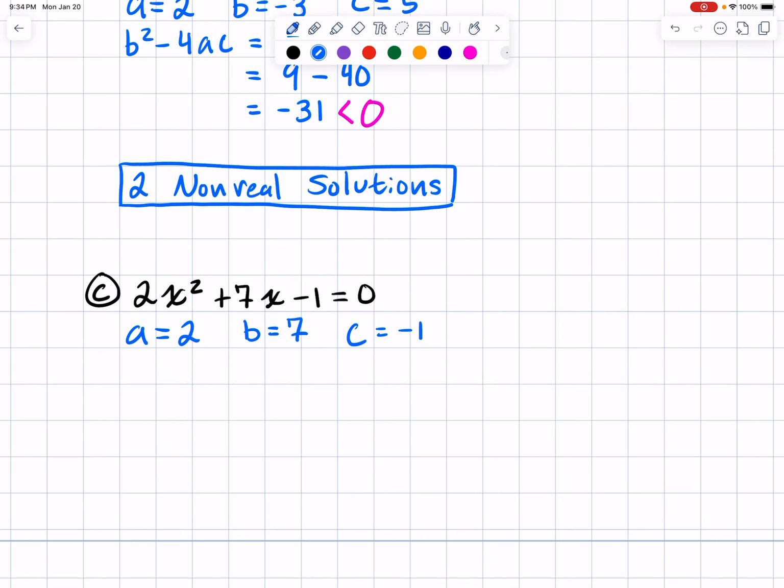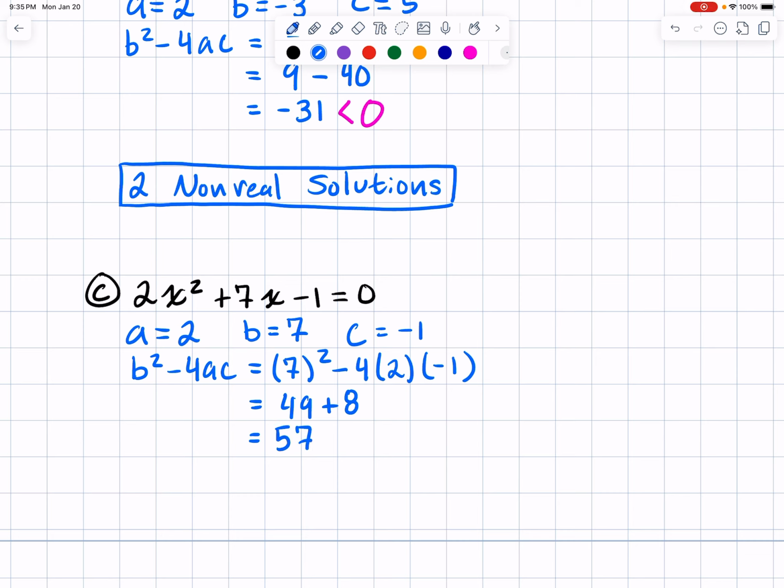So, if I do b squared minus 4ac, I'm going to get 7 squared minus 4 times 2 times -1. 7 squared is 49, minus 4 times 2 times -1 is +8. 49 plus 8 is 57, and 57 is greater than 0.